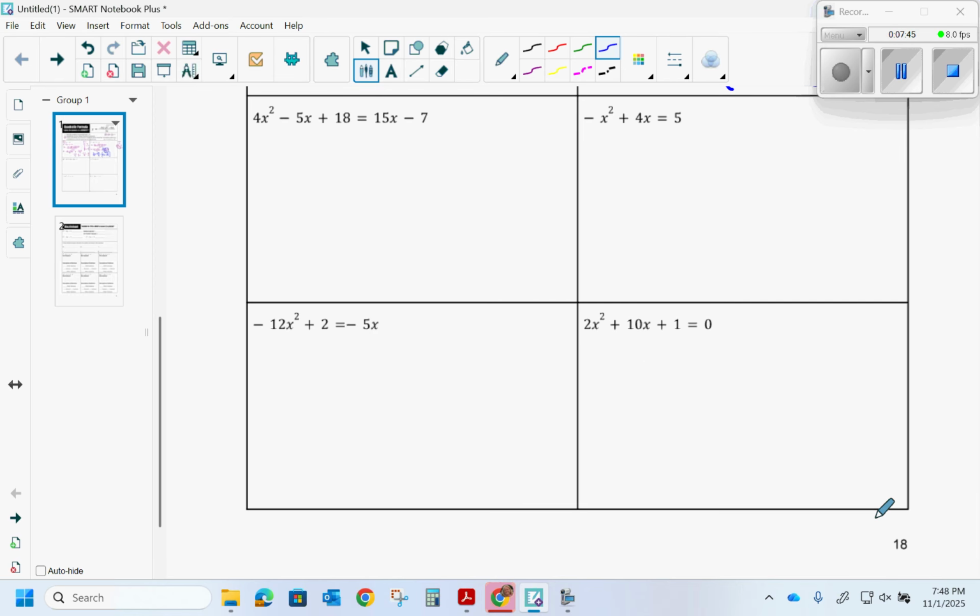All right, this one looks like we don't have a 0 over here. Let's go ahead and subtract 15 and add 7. Is this as skinny as I can get it? Let me try that. I'll make that a little skinnier. Okay. 20x and then add 7. So that's 25 equals 0.